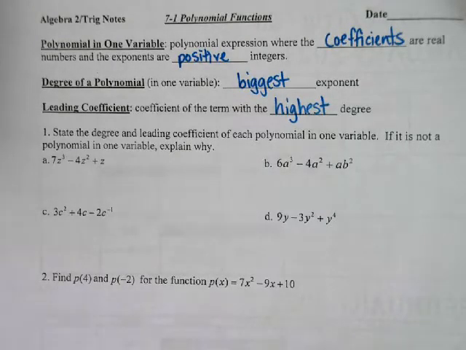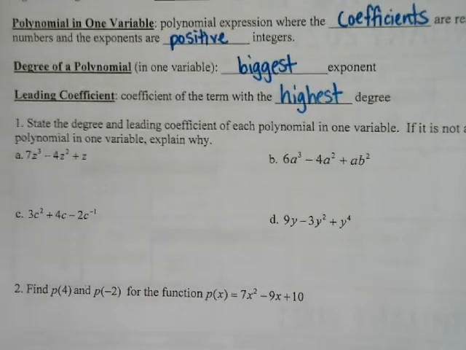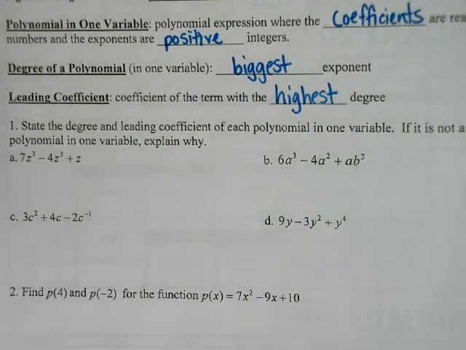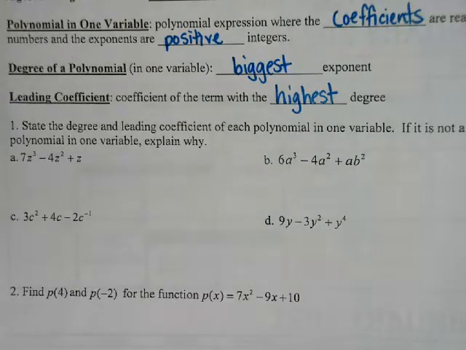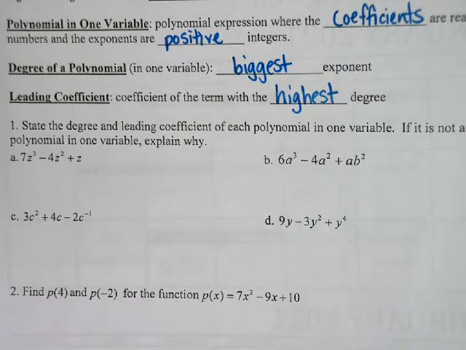Okay, so look at number 1 there. It says state the degree and leading coefficient of each polynomial in one variable. If it's not a polynomial in one variable, tell me why. All right, so the first one I have is 7z cubed minus 4z squared plus z. All right, do we have one variable? Yeah, we're good there.